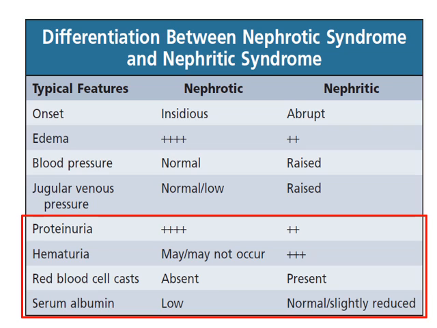Proteinuria is more profound in nephrotic. Hematuria is more profound in nephritic. And nephritic syndrome usually reveals red blood cell casts with a normal serum albumin, compared to nephrotic syndrome where there is hypoalbuminemia.